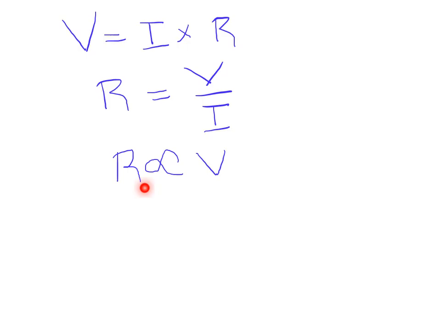If the material offers a lot of resistance, we need a lot of electromotive force in order to produce electricity. Therefore, we need to overcome this resistance by increasing the voltage.